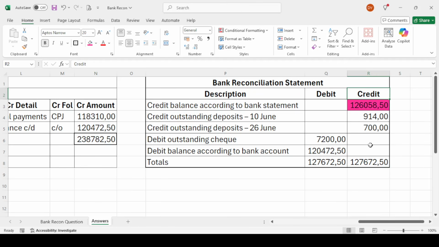Okay, you are then going to add up both sides, everything under your credit column added together, and everything under your debit column added together. And the magic that needs to happen is that you need to balance. The amount needs to be the same, 127,627.50. That is it, guys. It's not difficult at all.